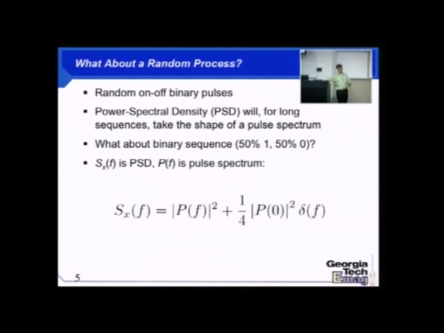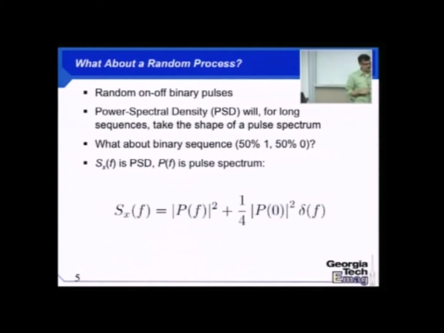What this says is if I take a pulse and I make a rich data stream from it by modulating ones and zeros onto that pulse, my power spectral density will eventually look like the magnitude of that pulse's Fourier transform squared. If I do a bunch of rectangles, my power spectral density will eventually take the shape of sinc squared. A nice big peak and then little ripples that die out as I move away from that peak.